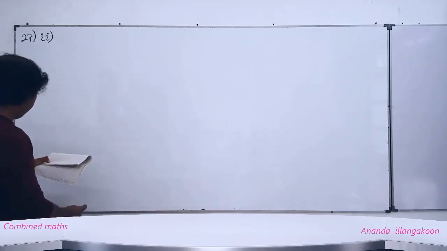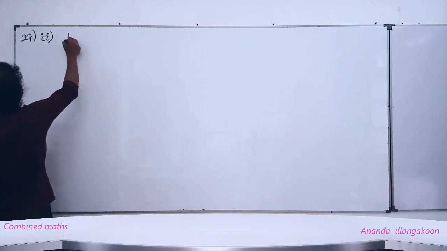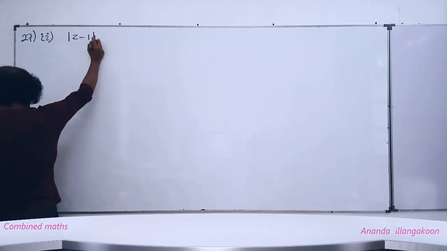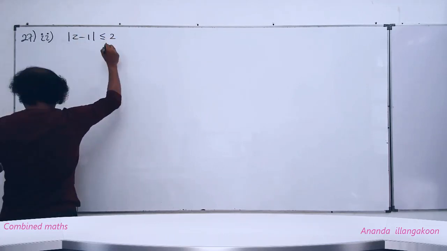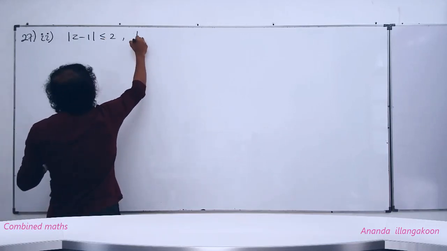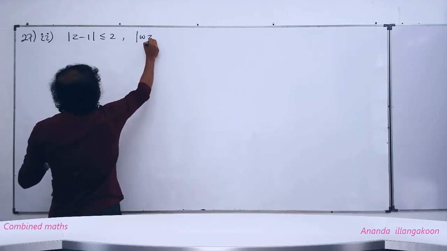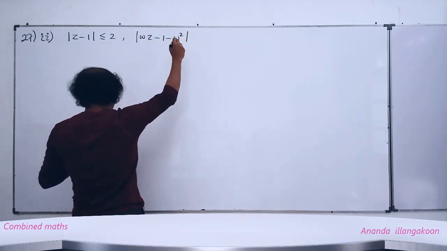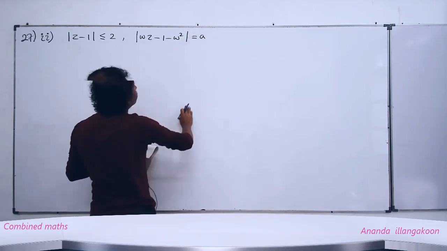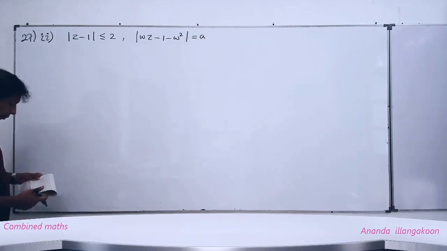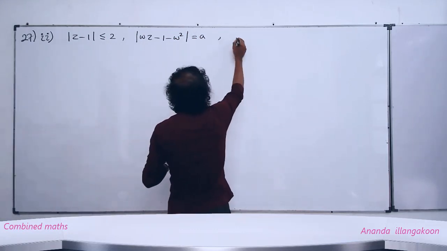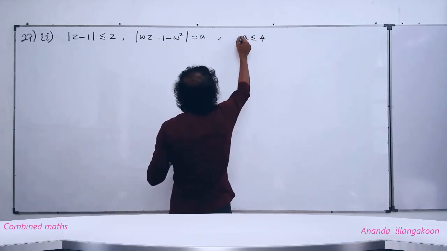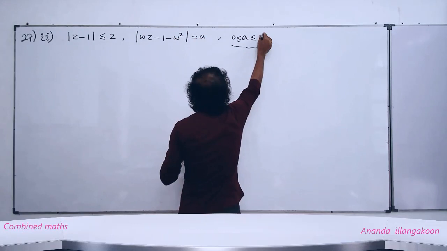You are given modulus of z minus 1 less than or equal to 2, and the other one, modulus of omega z minus 1 minus omega squared, equals A. Then we are asked to show that A is less than or equal to 4, greater than or equal to 0. This one only we need to prove.